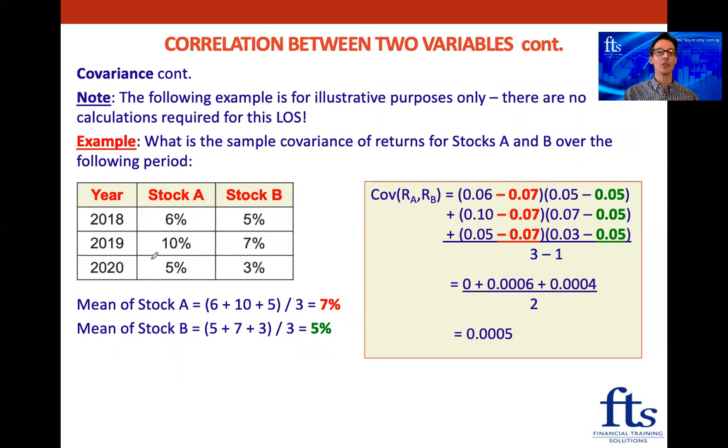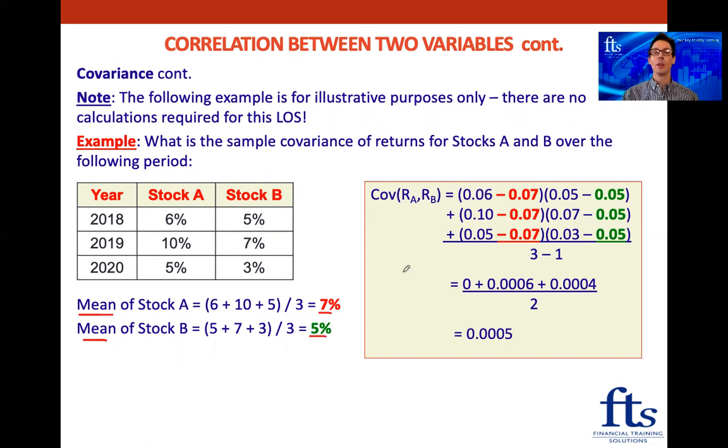Step 1, what we need to do is work out the mean of both stocks, because we're trying to see how these two stocks are deviating from their mean in each and every year. The mean of stock A is 7%, and the mean of stock B is 5%.